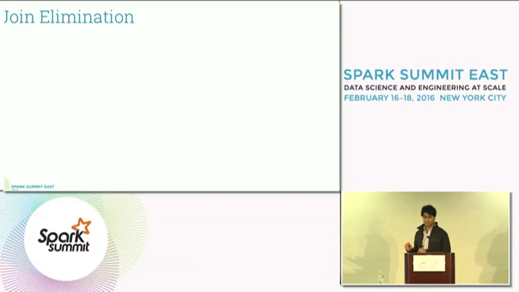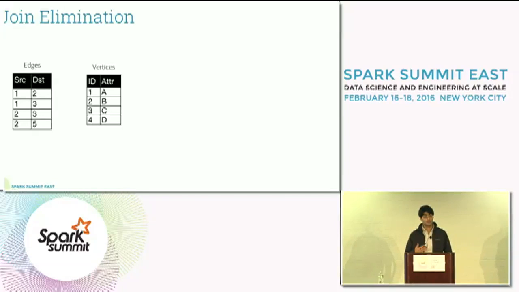Anyway, on to the next optimization, which is the join elimination that I mentioned. Here the key thing is to avoid joining in the vertex table unnecessarily. Let me give an example of when we can drop a join and get faster performance. Here's a real example with a small vertex and edge table.